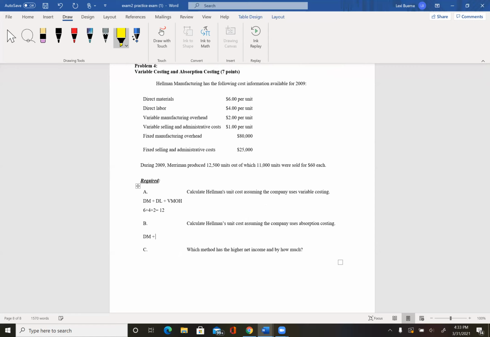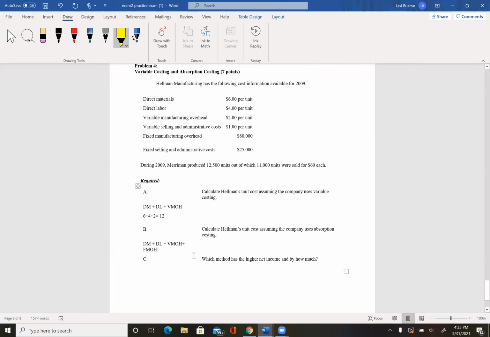So you're going to take the direct material, direct labor, plus variable manufacturing overhead. And then since it's absorption costing, you have to also include the fixed manufacturing overhead. So make sure you don't forget that on the exam, that absorption costing includes fixed, variable costing does not. So that's going to be 6 plus 4 plus 2 plus.